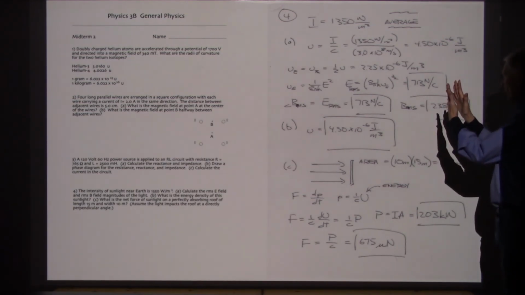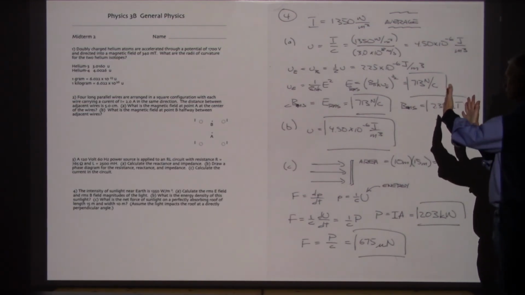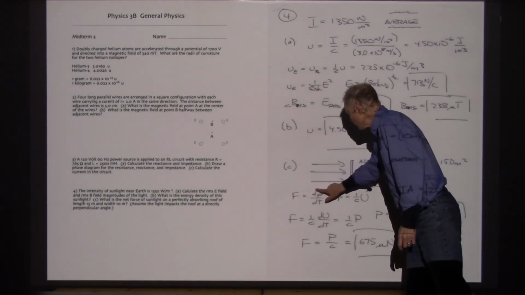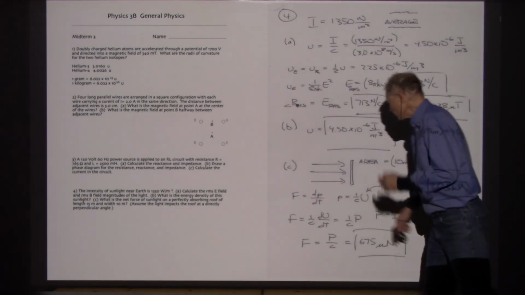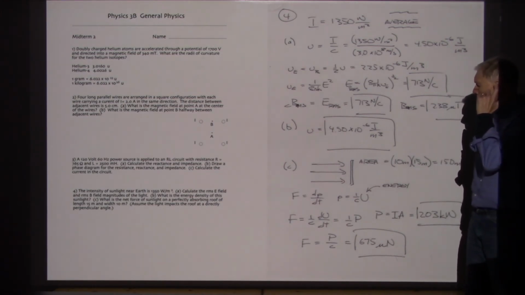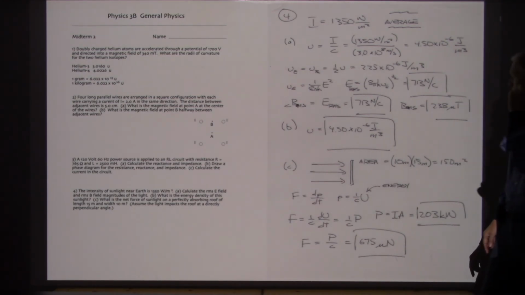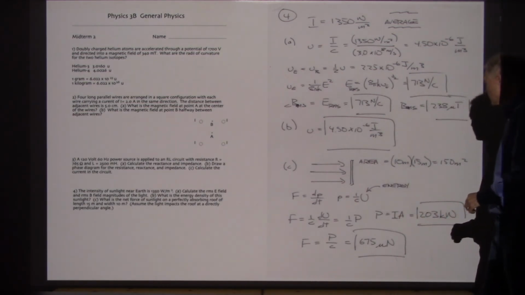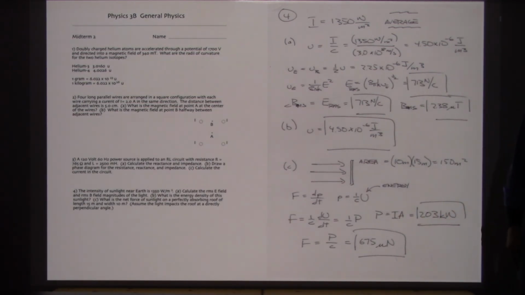Maybe these are solar panels and we want them to be absorbing, tip them during the seasons. So the force is dp/dt. It's the rate of momentum being absorbed. And again, we're going to borrow that very same formula from special relativity, where momentum and the energy of light are related simply by a factor of c.